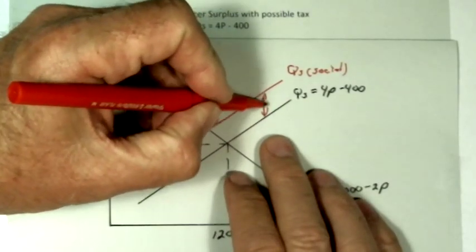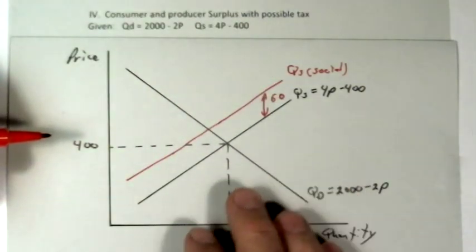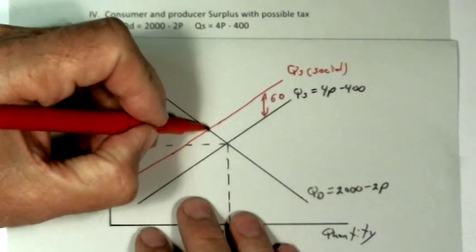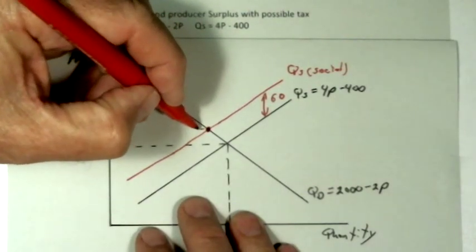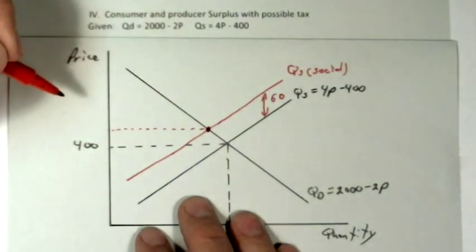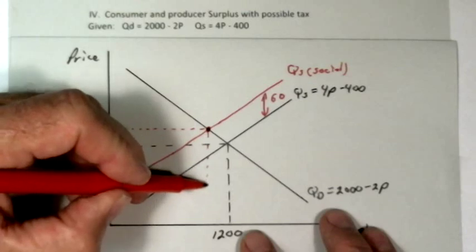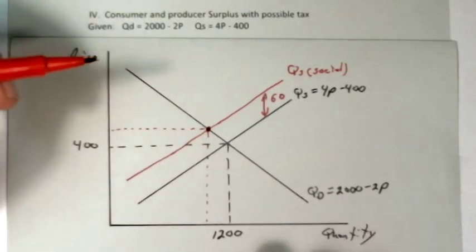So this is 60. Can you see this looks exactly like the supply and demand of taxes? So we would establish a new equilibrium up here, and the market price should be a little bit higher, and we can calculate what that is, and market output should be a little bit lower, and we can calculate what that is.